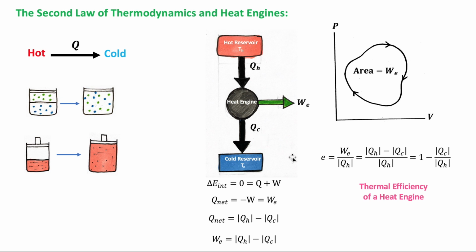So as an example, let's consider the steam engine. The substance used is water, and this substance is carried in a cycle. First, in a steam engine, water absorbs heat from a burning fuel like coal.